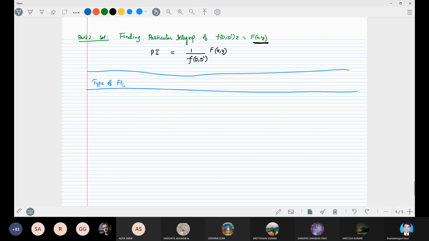Type of function f(x, y), and then the particular integral, PI. I will explain how you can get it very easily.